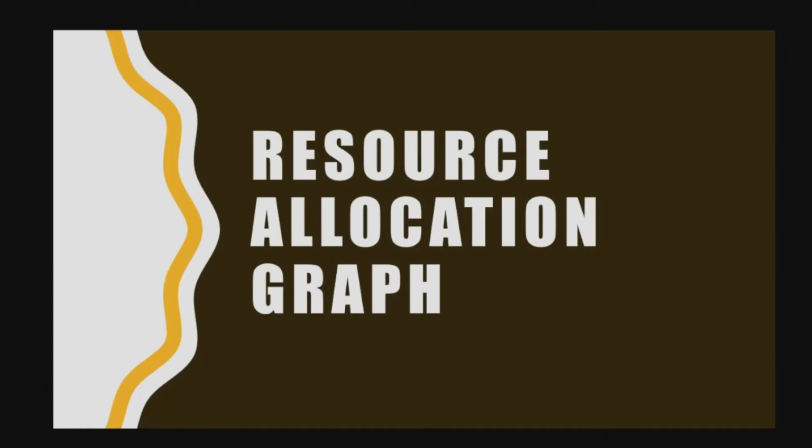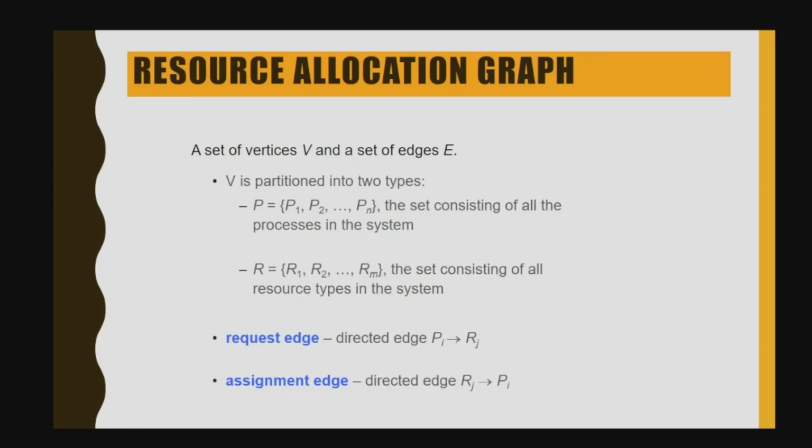So we continue with the resource allocation graph and how we illustrate it. A set of vertices V in capital letter and a set of edges E. These are the symbols, and you need to know their definitions. P is for process, R for resources, W for instances, V for vertices, and E for edges.